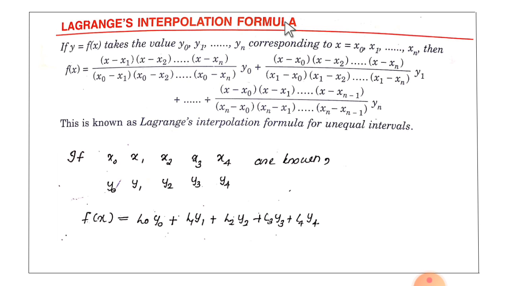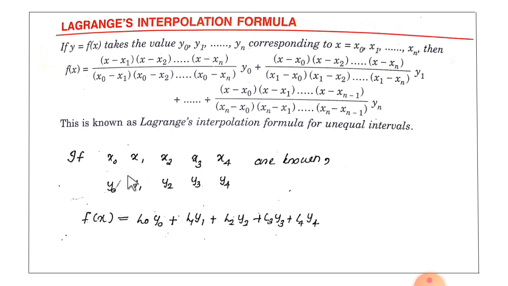Lagrange's interpolation formula: if y equals f of x, take the values y0, y1, etc., yn corresponding to x equal to x0, x1, etc., xn, then f of x is given by (x minus x1)(x minus x2) etc. (x minus xn) into y0 by (x0 minus x1)(x0 minus x2) etc. (x0 minus xn), plus (x minus x0)(x minus x2) etc. (x minus xn) by (x1 minus x0)(x1 minus x2) etc. into y1, plus etc. This is called the Lagrangian interpolation formula for unequal intervals.